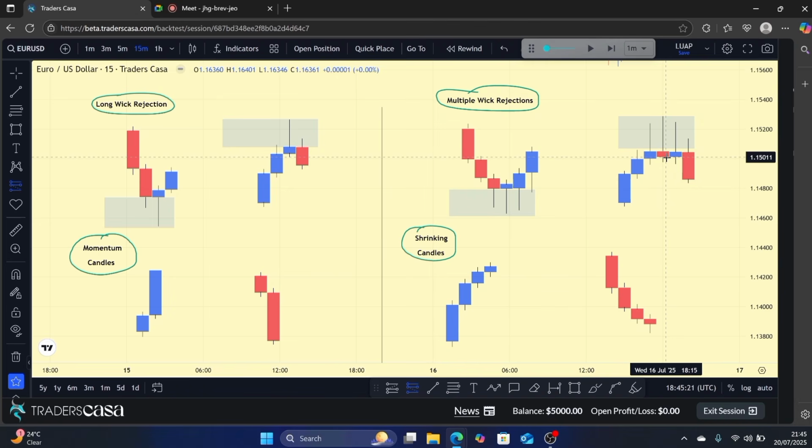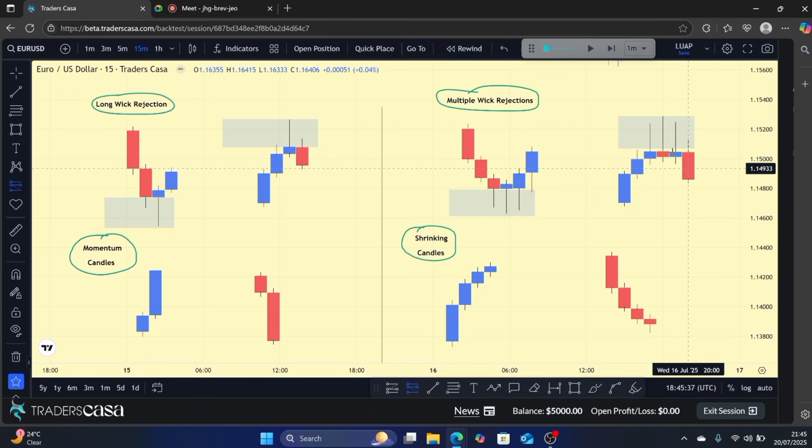But in this case, I will recommend not to do this, because the price is still printing multiple wicks, and the fight between the buyers and the sellers is not decided, so you will need to wait for price to give a clear sign out of the zone.